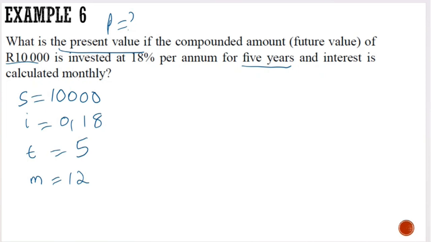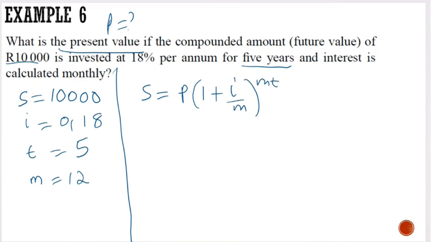Go and grab your formula. Always. Your S is equal to P into (1 + i/m) to the power mt. Same drill. So your S is equal to 10,000, equal to P into (1 + what is your interest rate?